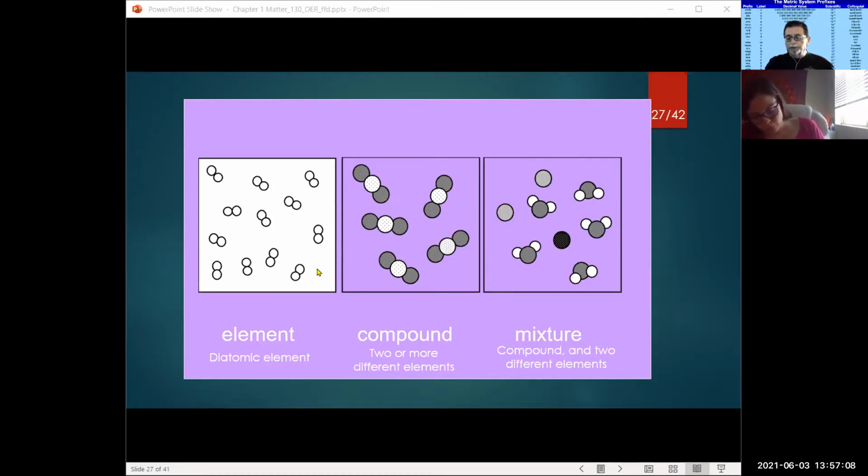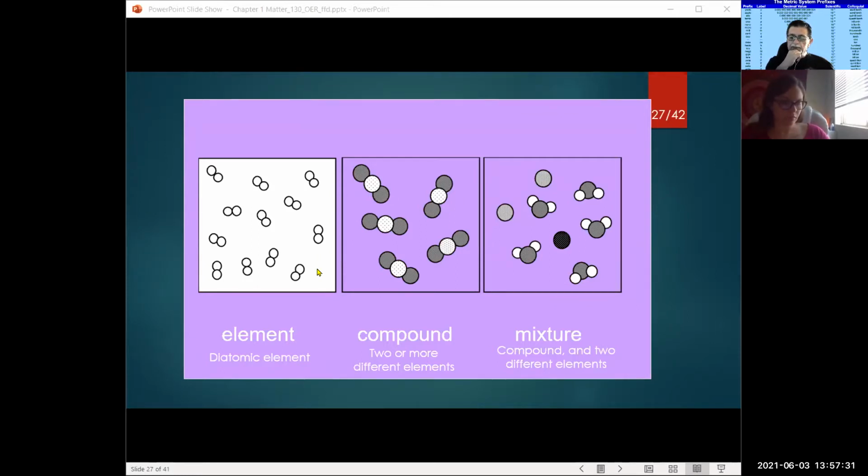And the one in the middle, the white sphere is in the center, and the dark ones are bonded around it. It could be any of multiple different compounds, but we've got two or more different elements, and therefore this is an example of a compound.